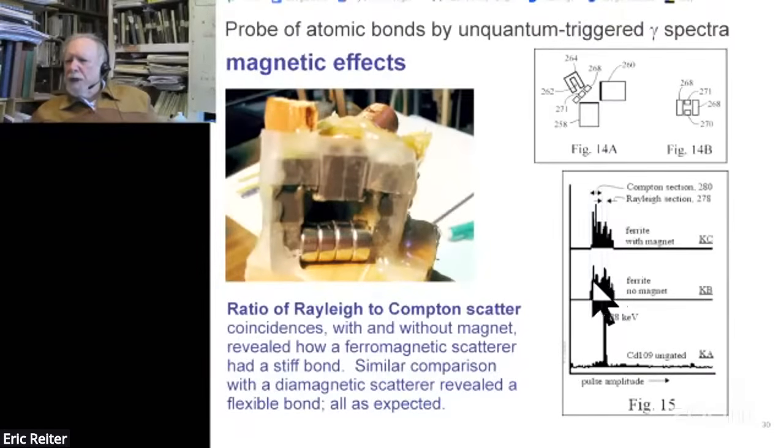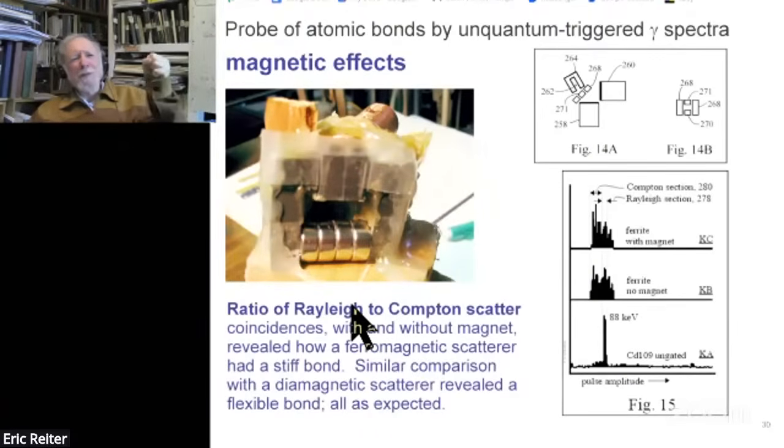The ratio changes under different conditions that are consistent with what you would expect with a ferrite and a diamagnetic material, where you get to see if the bond is stiff or flexible. If it's stiff, it's a Rayleigh scattering where the electron does not get pushed.